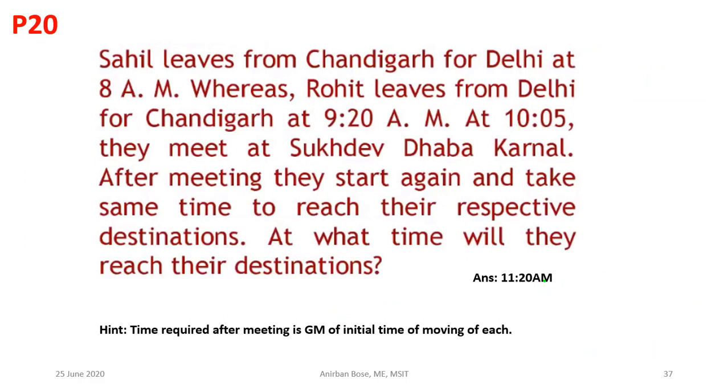Now coming to this problem. Sahil leaves from Chandigarh for Delhi at 8 am, whereas Rohit leaves from Delhi for Chandigarh at 9:20 am. Okay, so let us consider this is Chandigarh, this is Delhi. Sahil leaves from Chandigarh at 8 am.